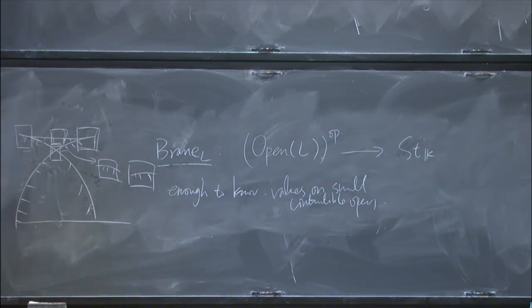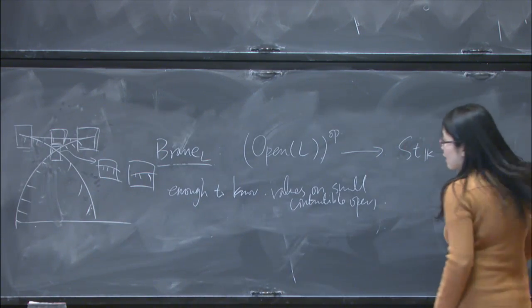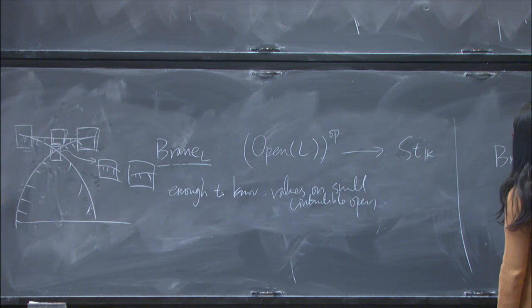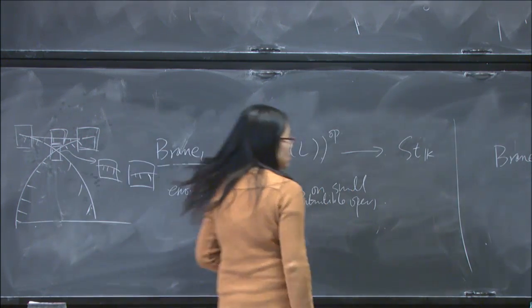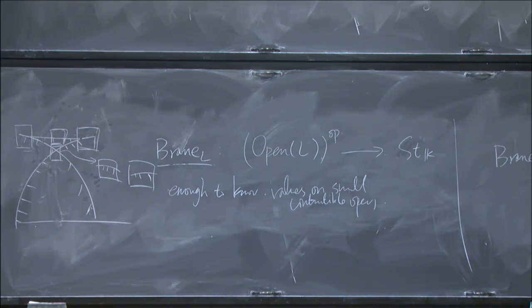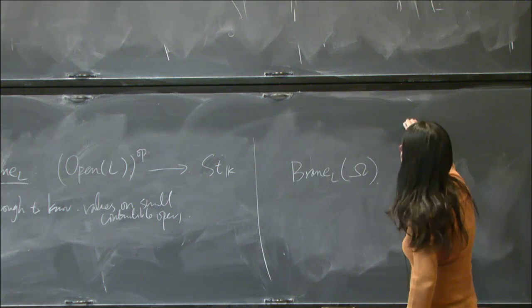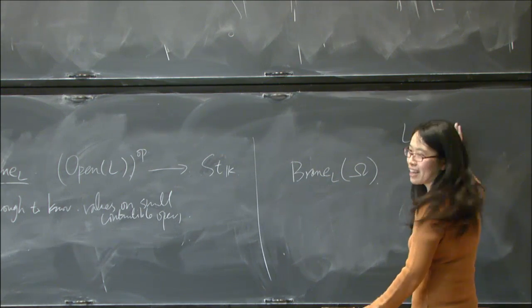So now we just need to define what is the value of Brane L on such a small open ball. Sorry, what is L here? L is the Lagrangian we started with. So L and the boldface L are identified.